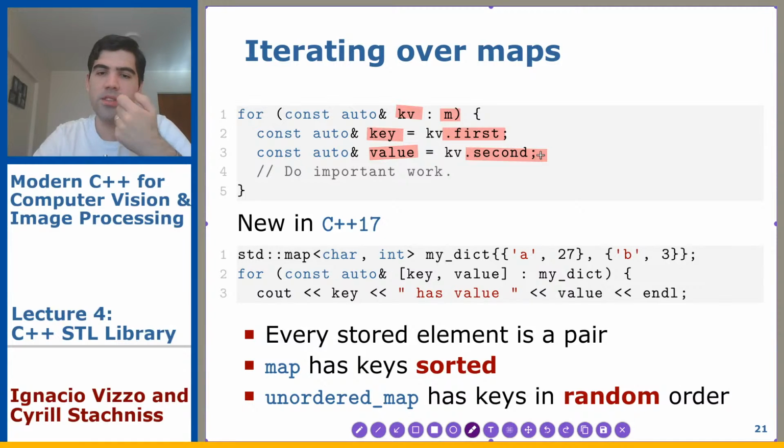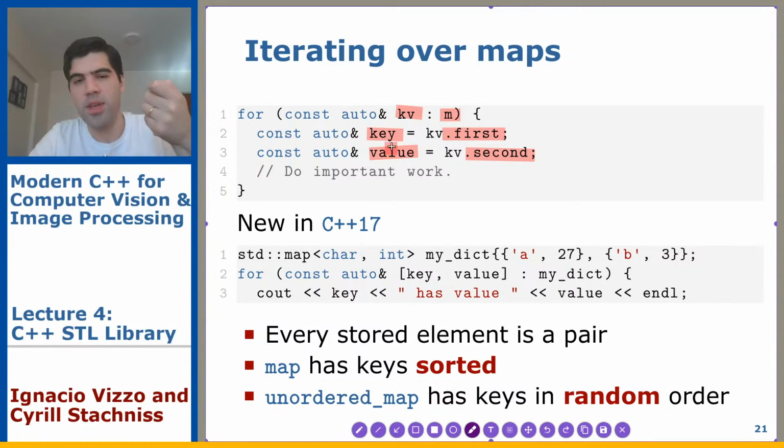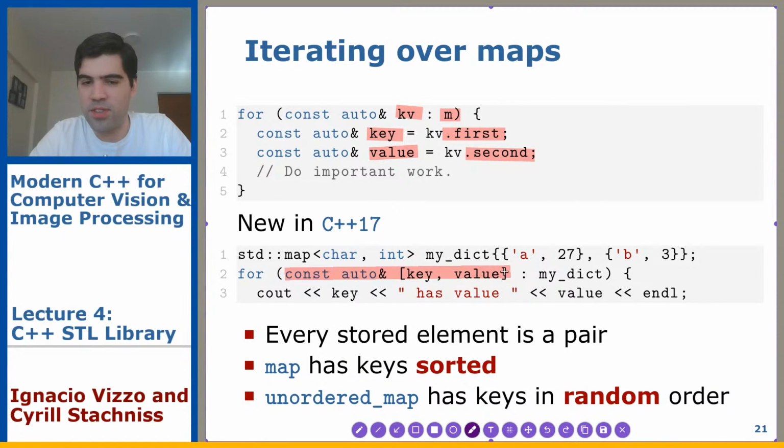The key is the first and the value is the second one. There's nothing wrong with this, but it's more code you need to write. And then starting in C++17, you can use this syntax and just say, okay, for key, value in dictionary, just use key and value. So this is much better to read, right?